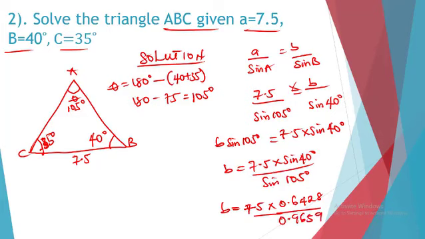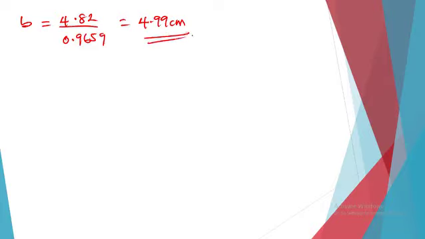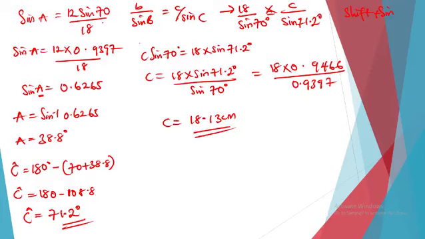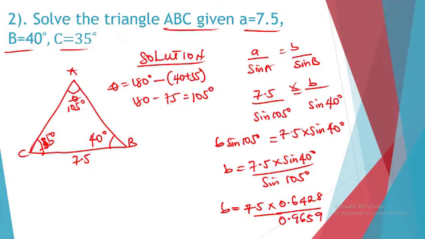So 7.5 times 0.6428 is 4.82, divided by 0.9659, which is equal to 4.99 cm. That's the value of our side B.